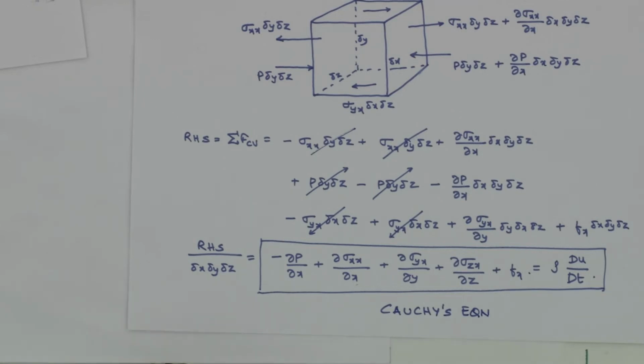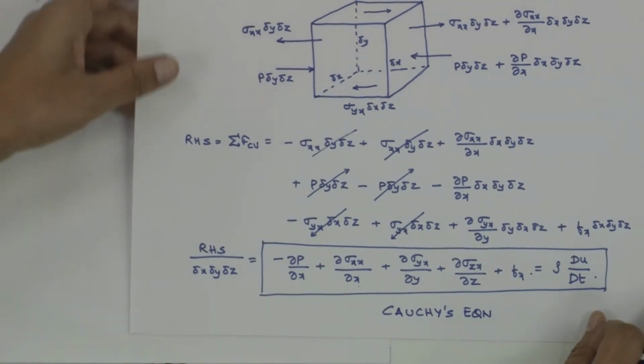Now let us write the equations for sigma xx, yx, zx. I am going to write in this class directly, but in the next modules we are going to derive these equations what I am writing.